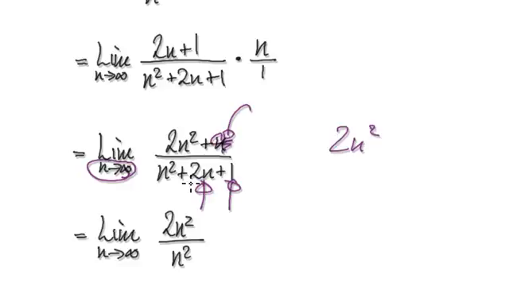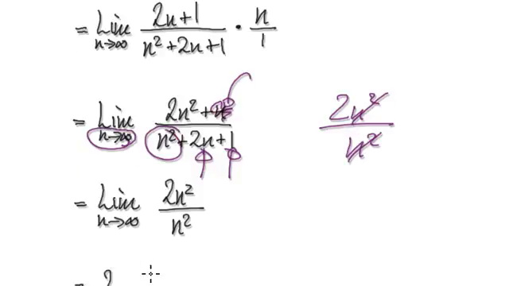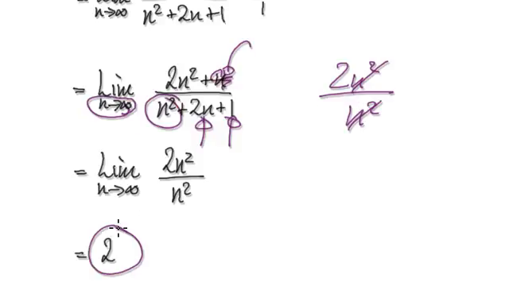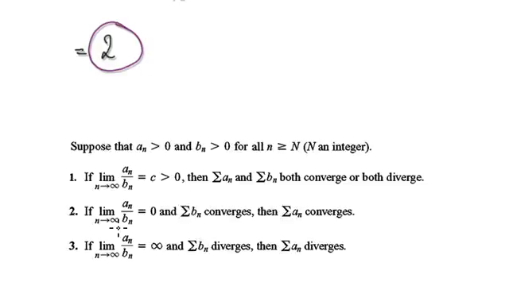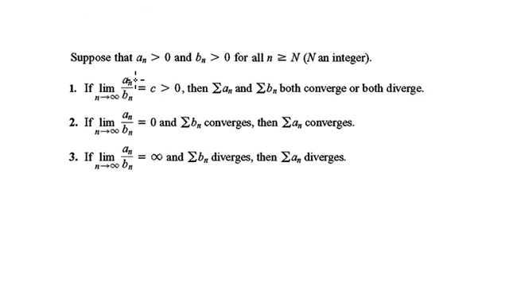This is also irrelevant, so the denominator will act like this. So as n gets bigger and bigger, you can see the limit will be 2. So an divided by bn comes to 2, and 2 is greater than 0. So this part here is good.